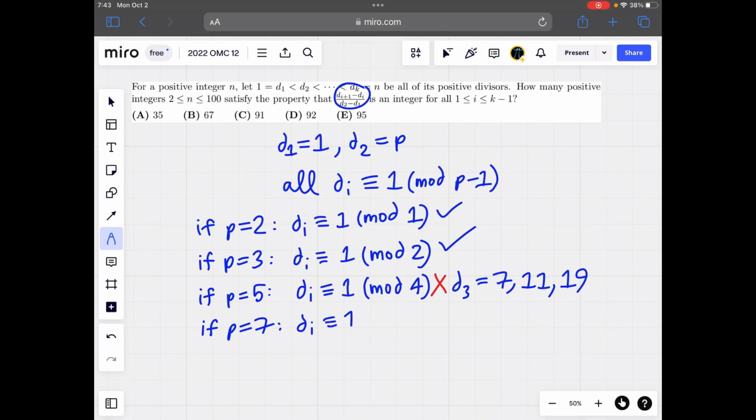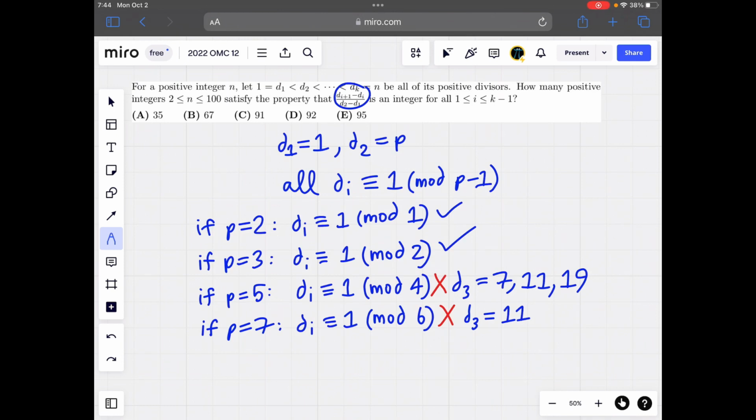then we need that all of the divisors are congruent to 1 mod 6. But this is not true when the third divisor of n is equal to 11. And that's literally it, because 13 works. 17 is too high, but it wouldn't work. 7 times 17 is equal to 119, which is greater than 100.